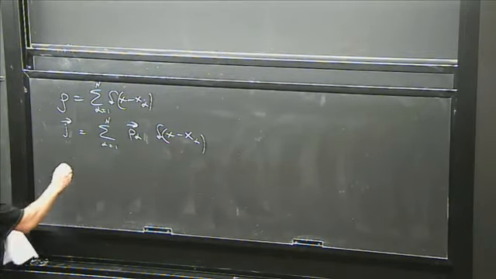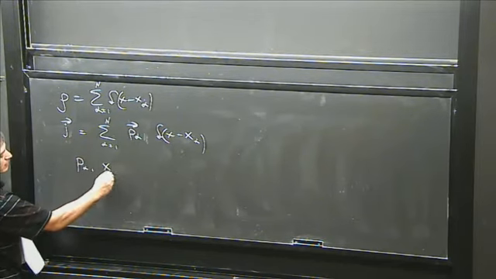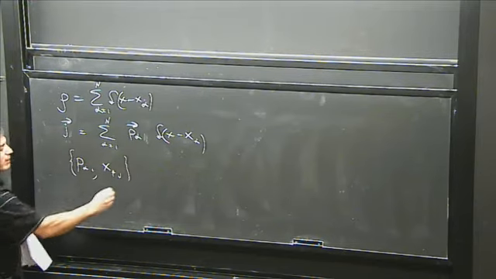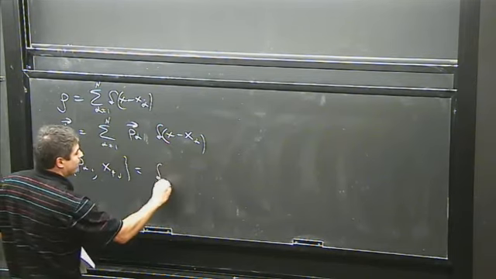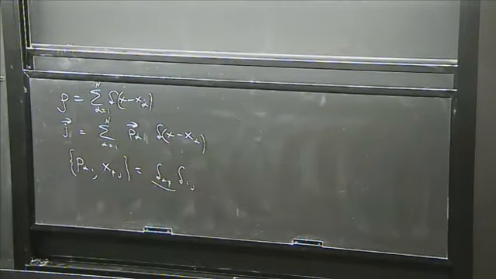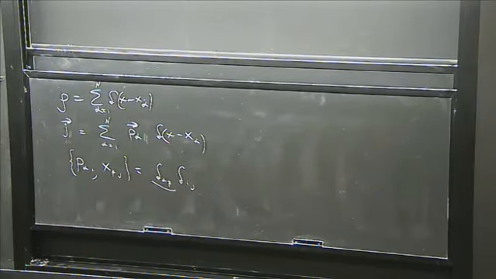And then, of course, I have the canonical Poisson bracket between the momentum P alpha i and the coordinate x beta j of the particle, which is delta alpha beta, delta ij. So they're non-zero only for the same particle and only when the components are the same. That's standard.